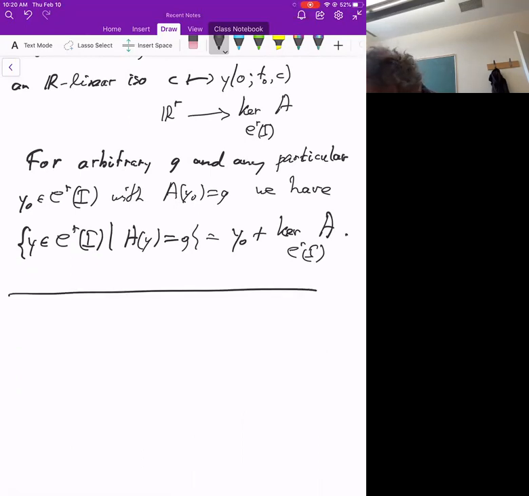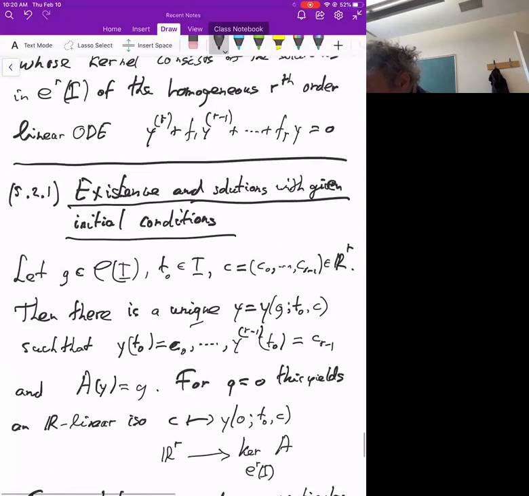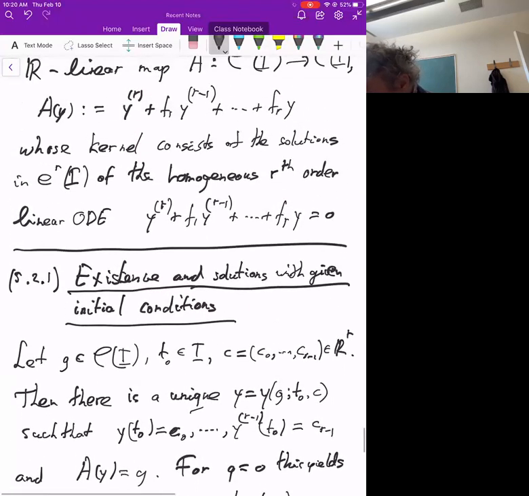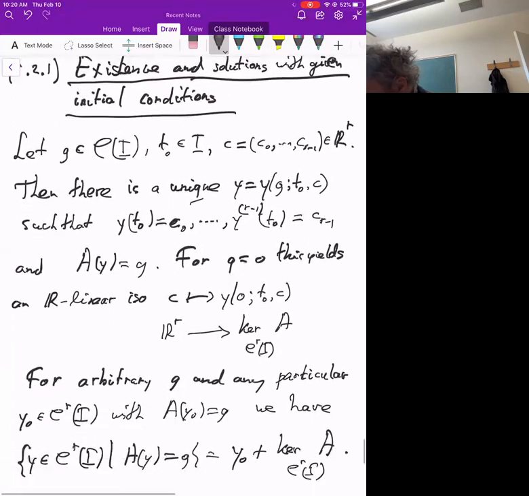We also want to say something about the Wronskian criterion. In practice, it is actually important to have a basis for this vector space over R of solutions of the homogeneous equation.